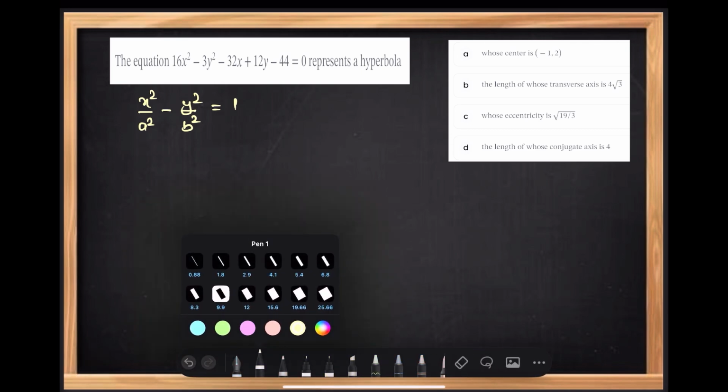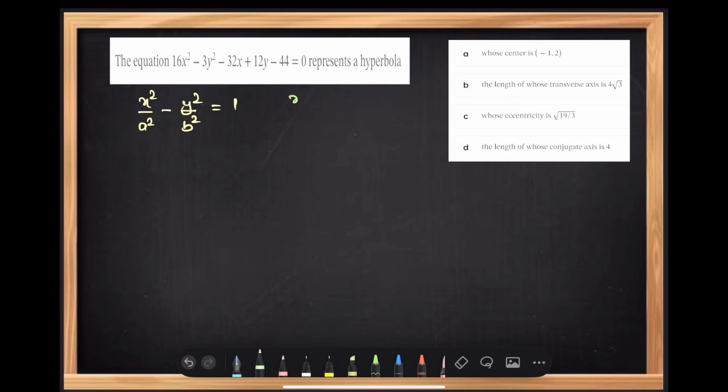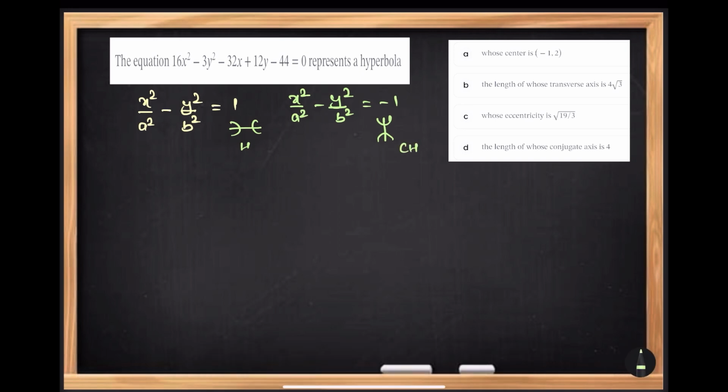Or we are comfortable with x square by a square minus y square by b square equals minus 1. In this case we will have this hyperbola, and in this case we will have the conjugate hyperbola. So first we have to figure out which category we are falling in.